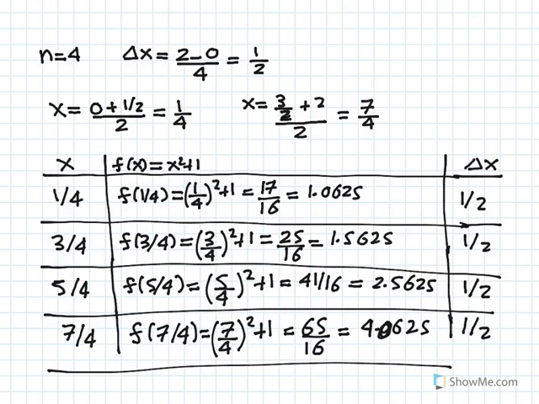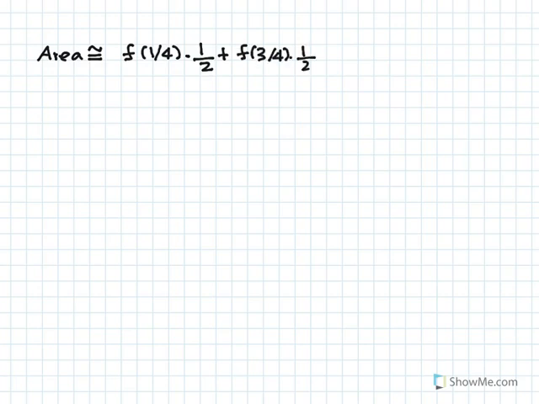All right. For the midpoint rule, we evaluate the function at the midpoint of every rectangle. So the area is going to be approximately equal to f of 1/4, the height of the first rectangle, times the width, 1/2, plus f of 3/4 times 1/2, plus f of 5/4 times 1/2, plus f of 7/4 times 1/2.